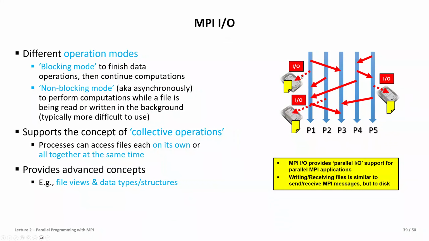Hence, if you look at the MPI I/O standard, it looks a little bit like messaging, right? Just to I/O. Hence, there's a send-receive sort of understanding and also collective information, where I want to put everything now to one file instead of communicating everything to all the other processes.